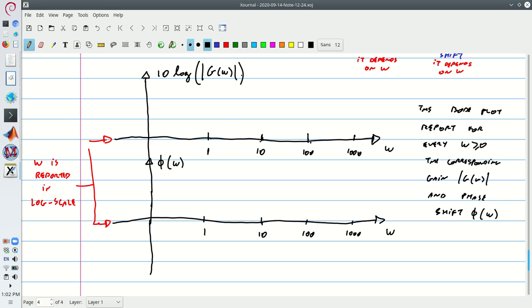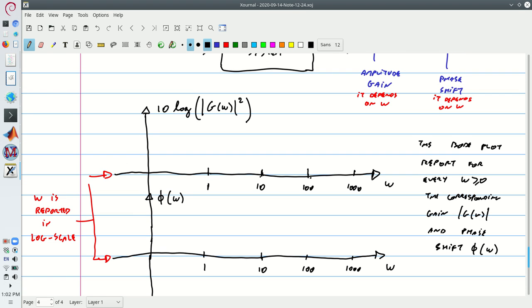You typically plot in decibels this gain squared. To convert a quantity from its standard units into decibels, you take the logarithm and multiply by 10. Since it's a convention in the Bode plot that you plot the power of this gain, the square of the gain, this 2 moves out of the logarithm, and so you get a 20.